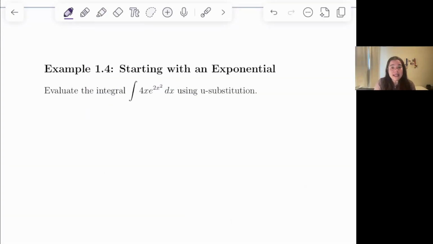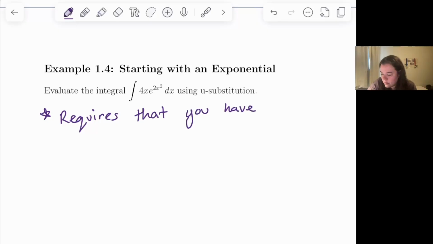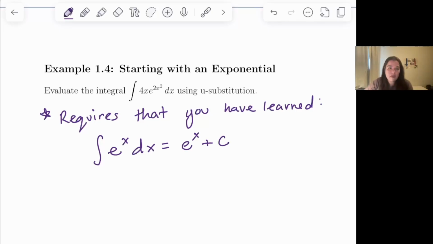All right, our next example here involves an e function, an exponential. So this e is not a variable. That's Euler's number, that exponential. Doing this problem requires that you know, so I'm just going to make note, this requires that you have learned the antiderivative of e to the x dx is e to the x plus c.